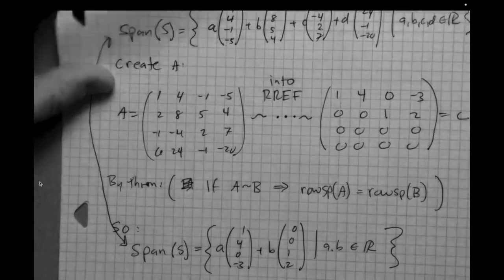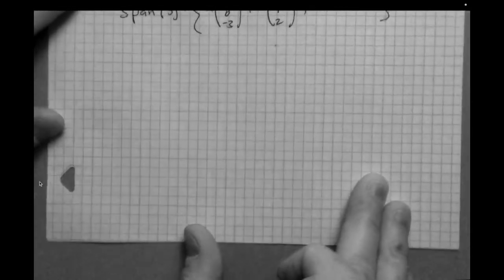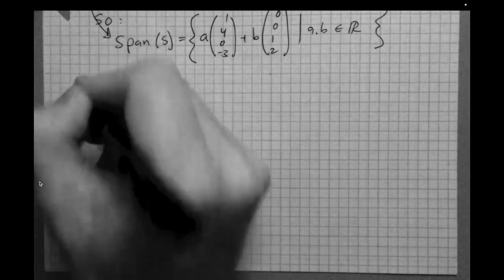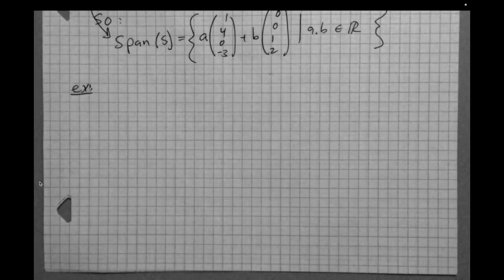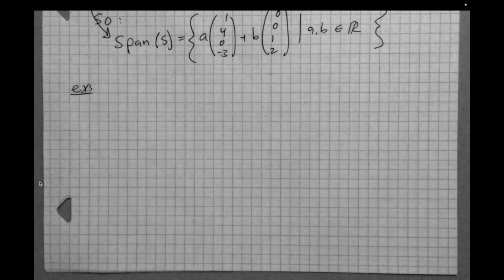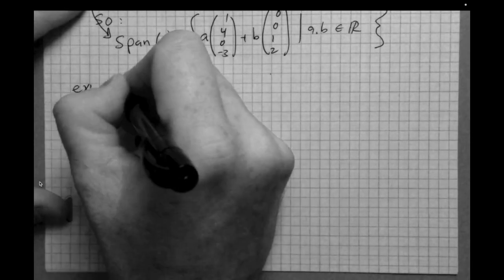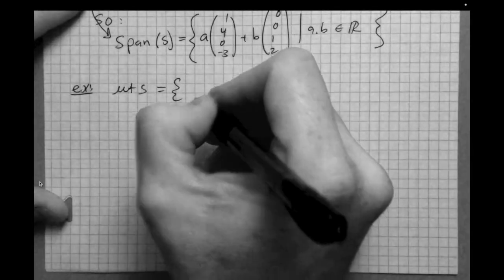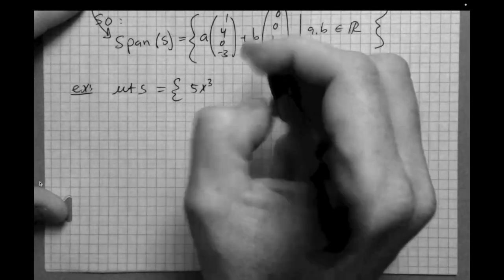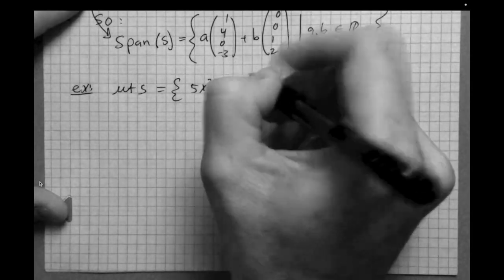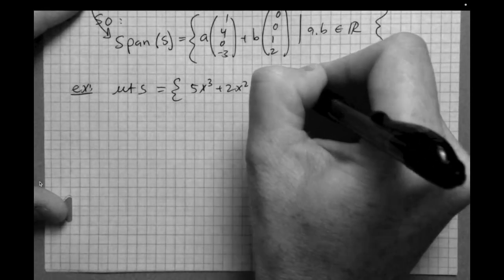Perfect. Let's do another example, something a little more unusual, right? Let's go back and revisit our polynomial examples. So let's let S equal the polynomials 5x cubed plus 2x squared plus 4x minus 3.